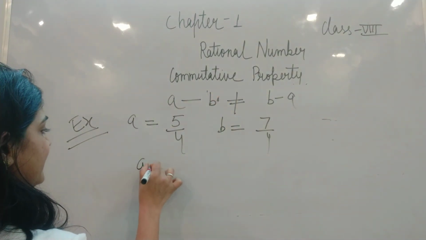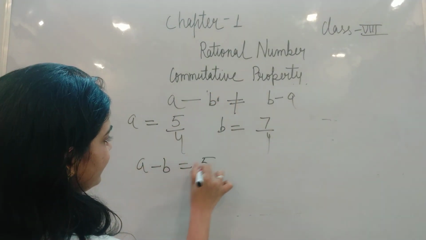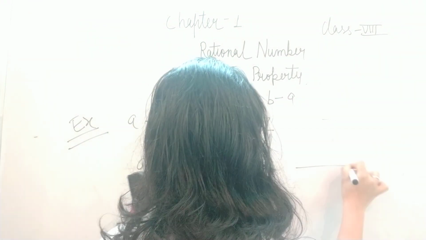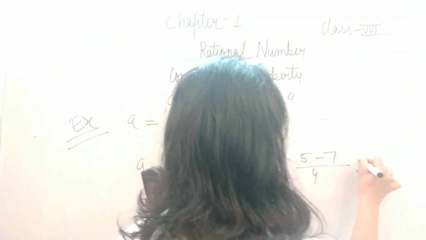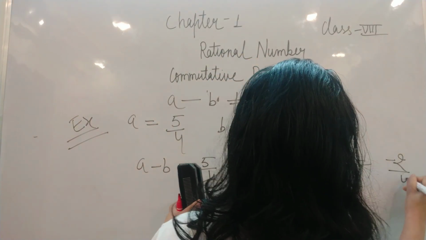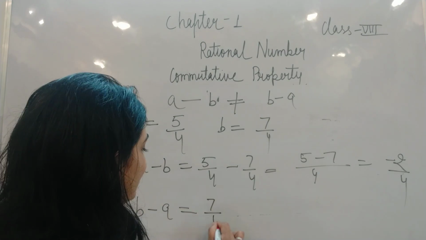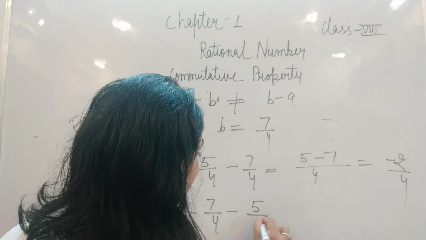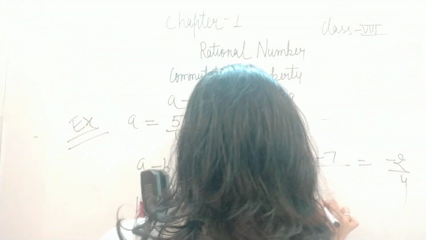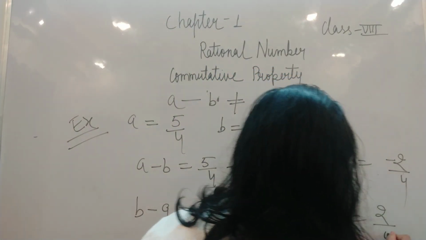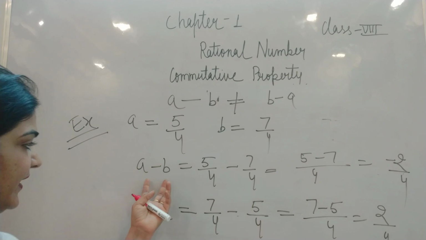If we do a minus b, 5 by 4 minus 7 by 4, what we will get? Minus 2 by 4. And if we do b minus a, 7 by 4 minus 5 by 4, we will get 2 by 4.